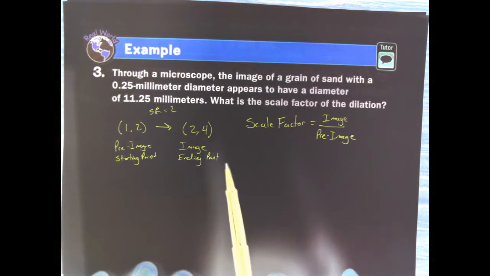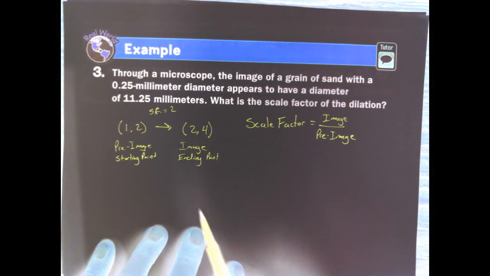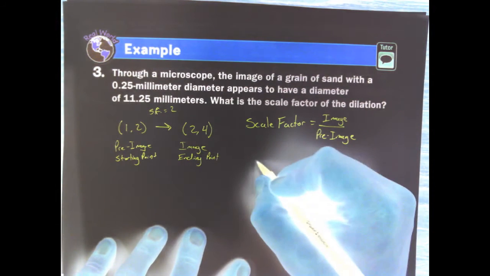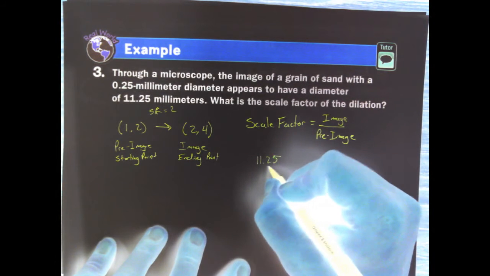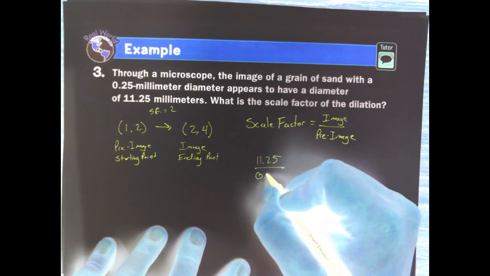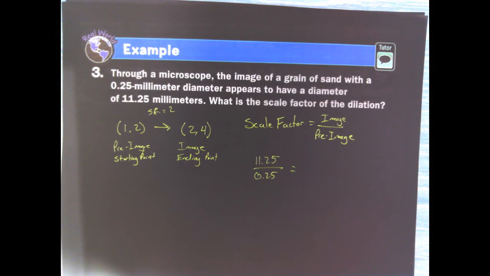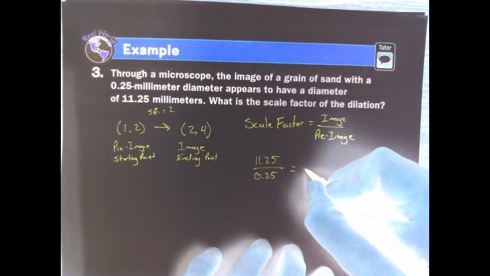So in order to find that scale factor of the dilation, we're going to take image over pre-image, or 11.25 millimeters over 0.25, and we're going to see what they multiplied by. So 11.25 divided by 0.25, and I get 45.